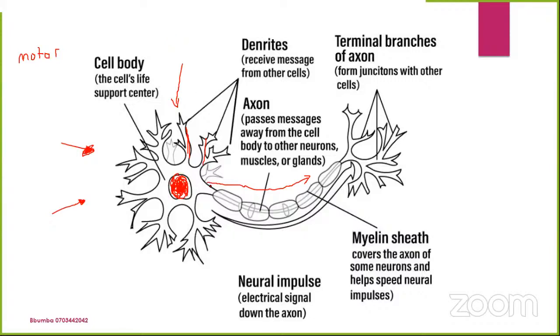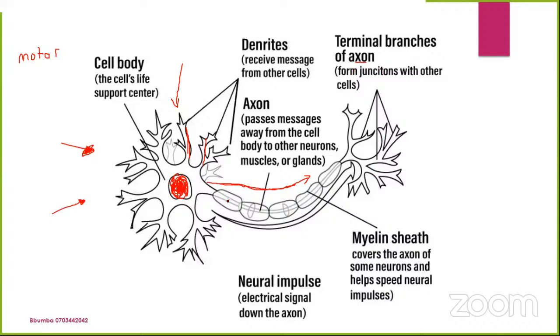And then from there, the axon transports impulses towards the effector organ. And it ends in what we call terminal axons or terminal branches of the axon.